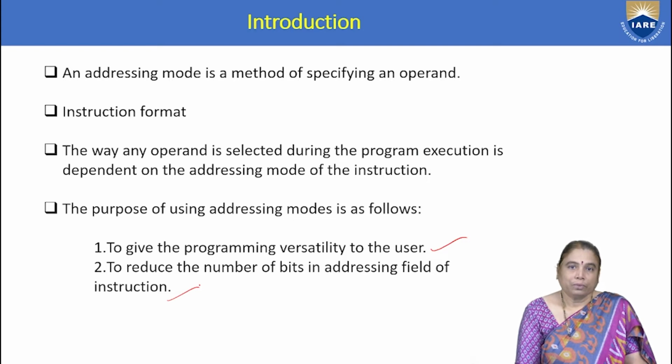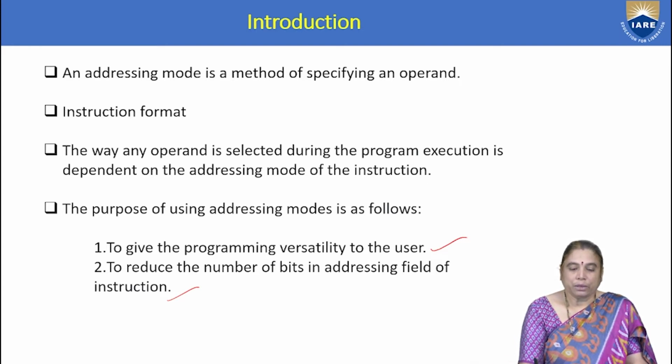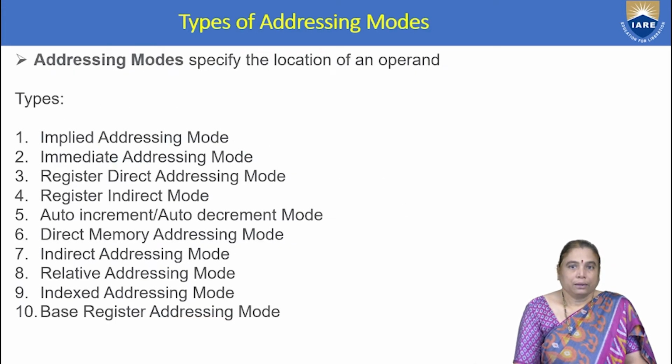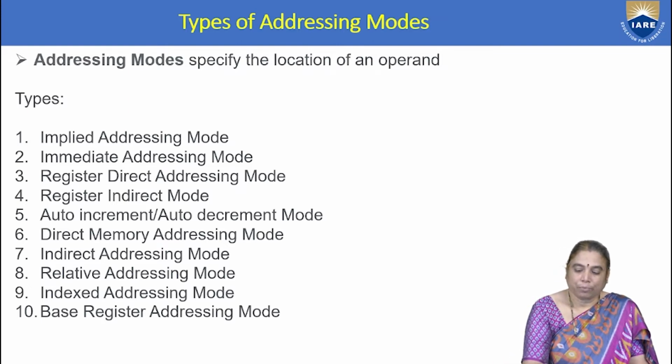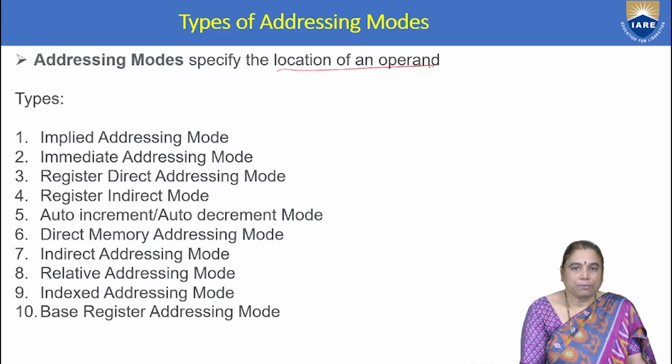The way any operand is selected during program execution depends upon the addressing mode of the instruction. So the major purpose of specifying the addressing mode is to specify the location of the operand. A variety of addressing modes are available.